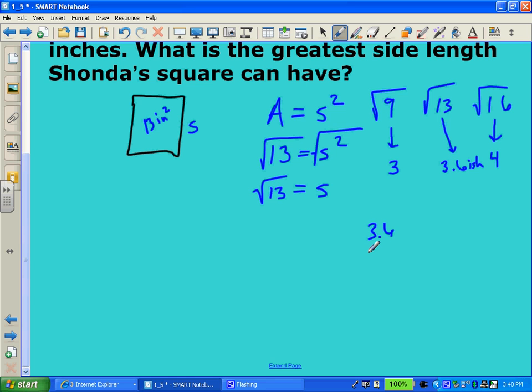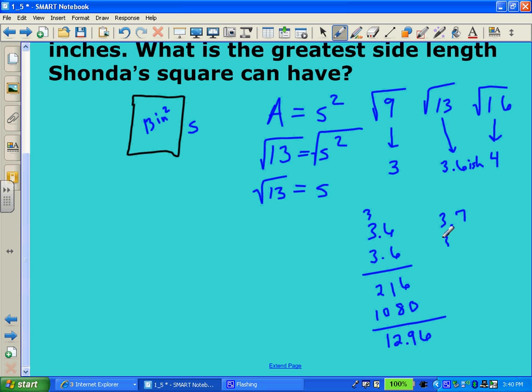Now let's check that. Okay, and to check that, I'm just going to do 3.6 times 3.6. And when I do that, let's do a little multiplication here. I get 12.96. Okay, that's pretty close.